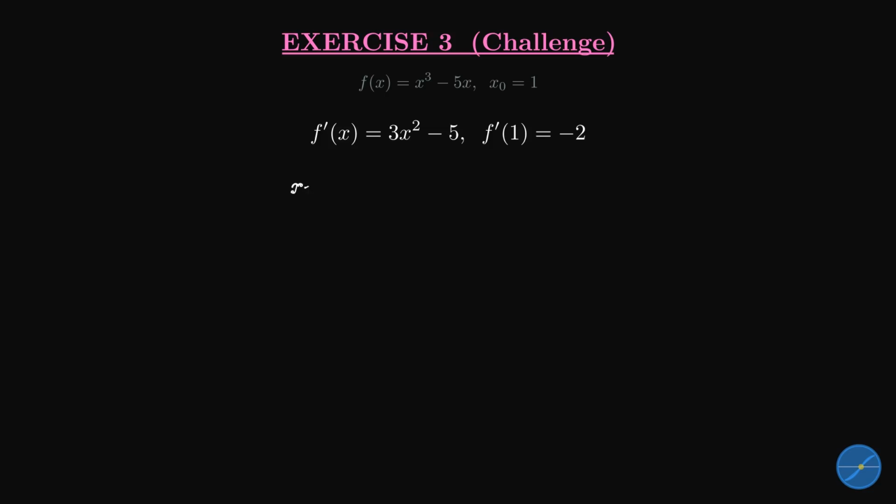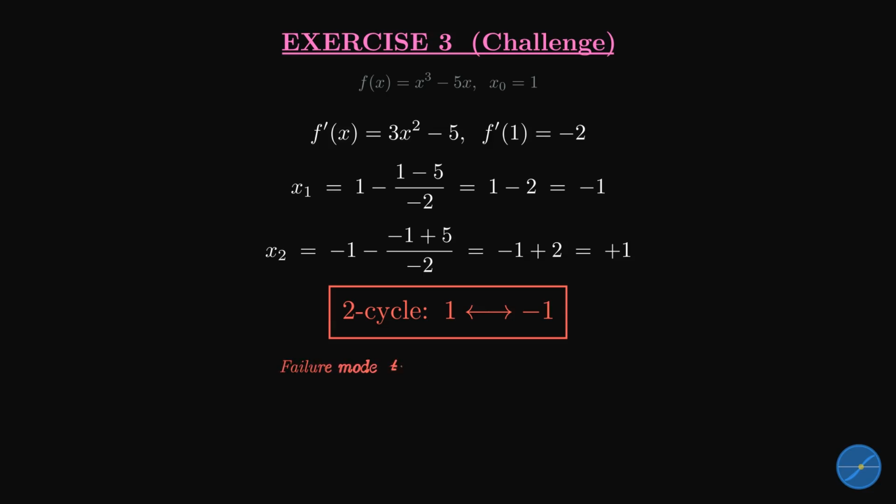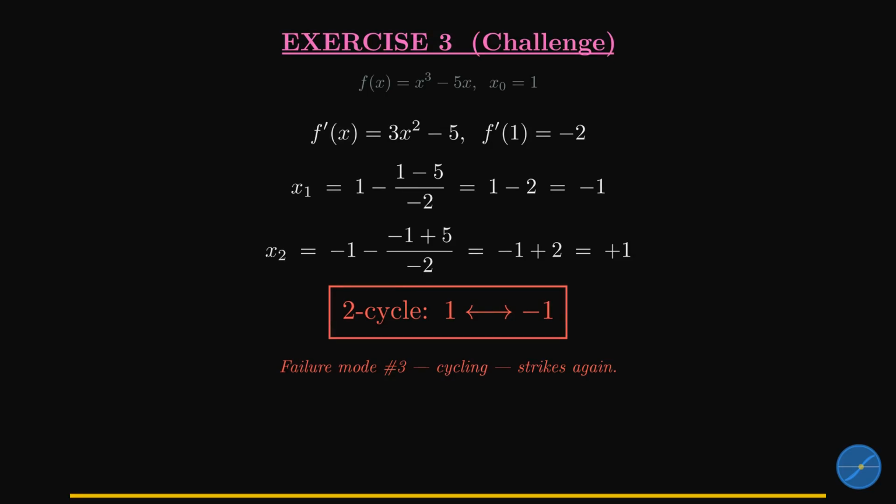So f prime of 1 is minus 2. Then x1 is 1 minus (minus 4) over minus 2, which is equal to minus 1. And x2 is minus 1 minus (minus 1 plus 5) over minus 2, which is equal to plus 1. You are trapped in a 2-cycle, bouncing between 1 and minus 1. It's failure mode 3, cycling, striking again.